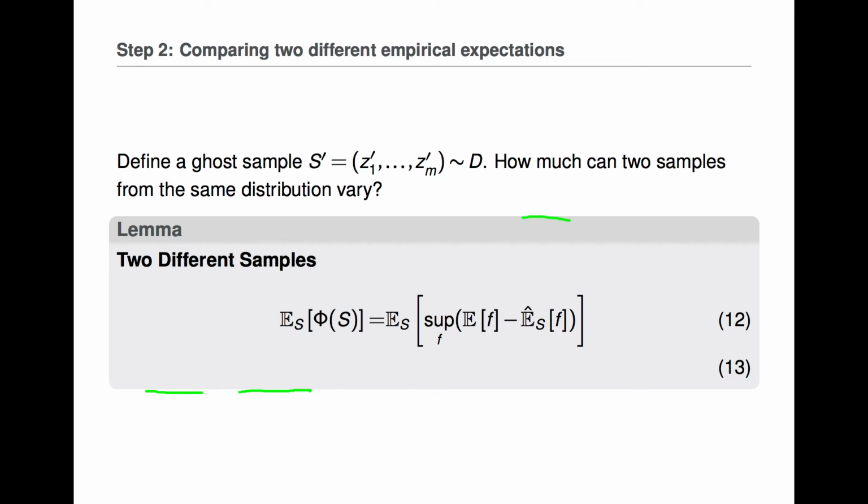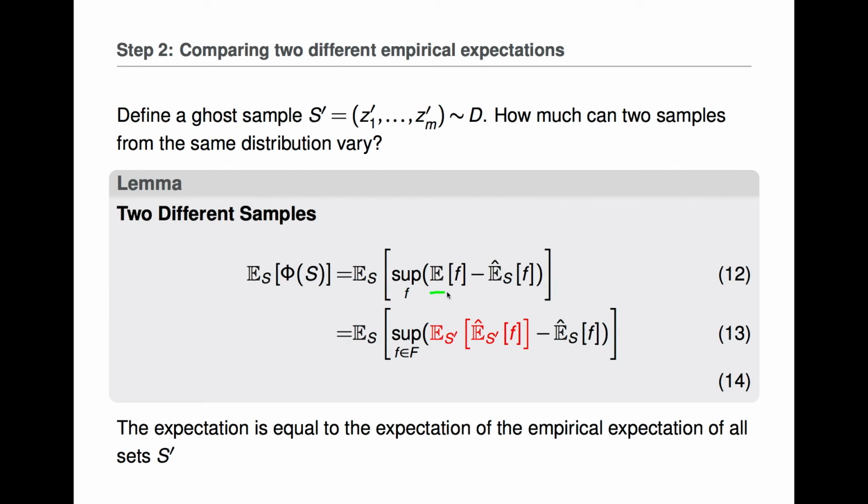Okay, so the next step is figuring out what this expectation over all sets S actually looks like. Take some sample S that we started with, and we're going to create a ghost sample of the same size as our original sample S. And we're going to ask how much can these two samples from the same distribution vary.